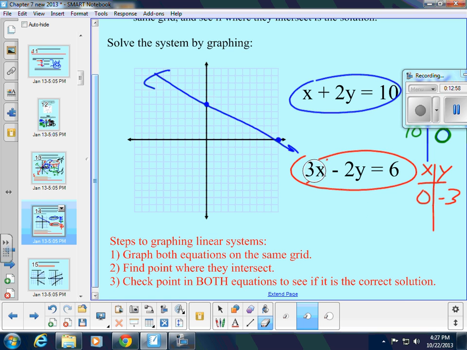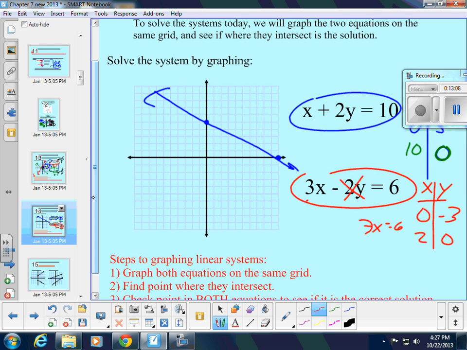Going back to the original problem, if I put in 0 for y, I get 3x equals 6, so I get x equals 2, so my x-intercept is 2, 0. So 0, -3, 2, 0. There's what my 2 points would look like.